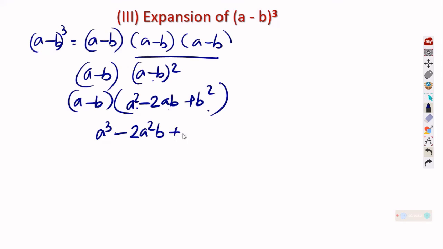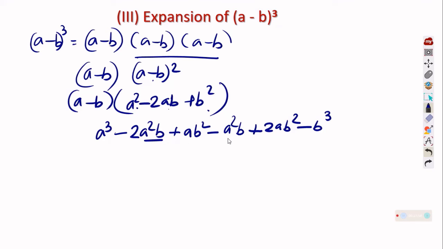Correct? प्लस ab², एक सेक्शन हो गया, a से मल्टीप्लाई हो गया, अभी माइनस b से मल्टीप्लाई करना है, राइट? माइनस b इंटू a², it becomes minus a²b, then minus b into minus 2ab, it becomes plus 2ab², then minus b into plus b square becomes minus b cube.